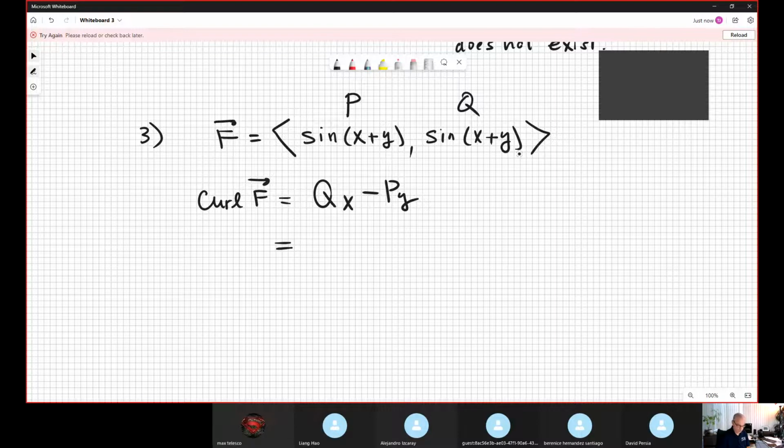So the partial derivative of Q with respect to x is the derivative of sine, cosine of x plus y, multiplied by the derivative of the argument by the chain rule. The derivative of the argument is 1, because the derivative of x with respect to x is 1, and the derivative of y with respect to x is 0.